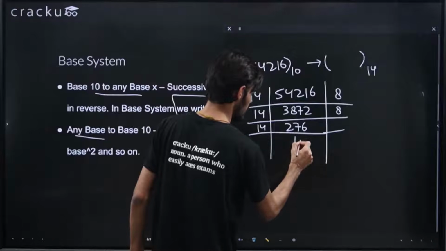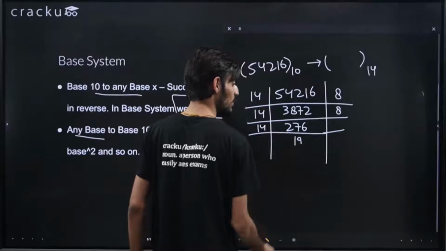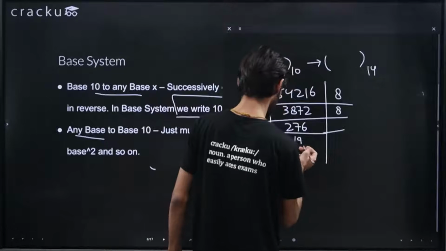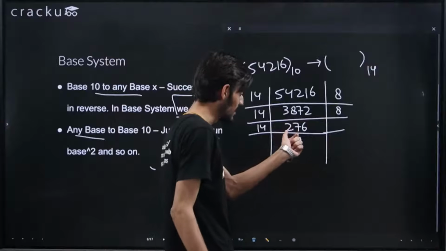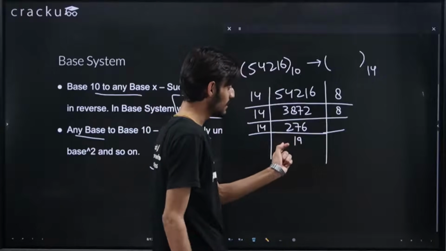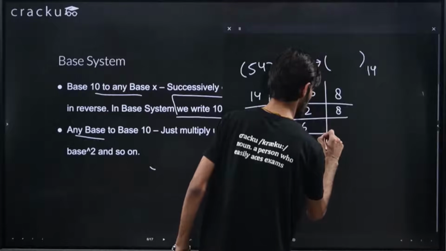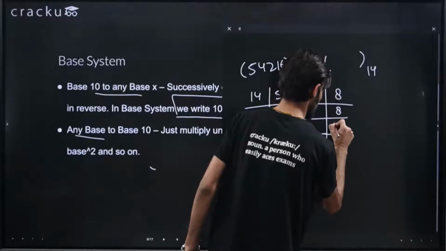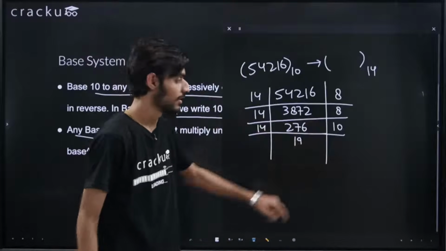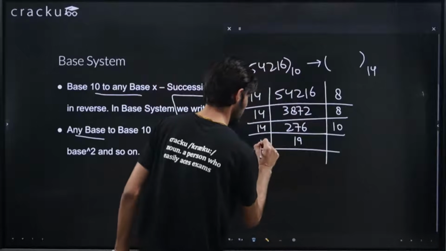For 136 it will be 9. 14 into 9 is 126. So 10 will be the remainder. I guess again and again 8 is coming. So now it is 14 into 1.